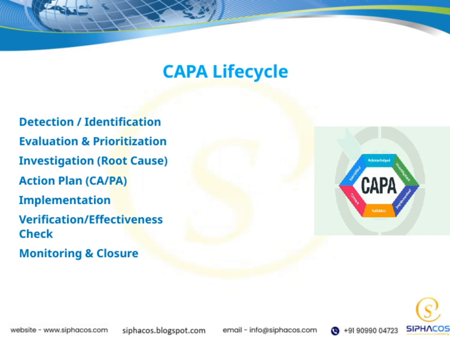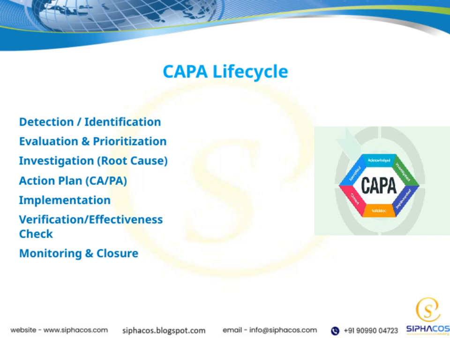This step is essential because addressing only the surface symptoms doesn't prevent recurrence. After pinpointing the root cause, we develop an action plan, including corrective actions and preventive actions, to eliminate the cause and prevent future occurrences. Then we implement these actions, making sure they are executed effectively.